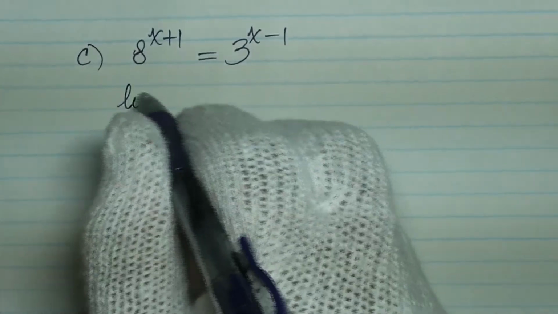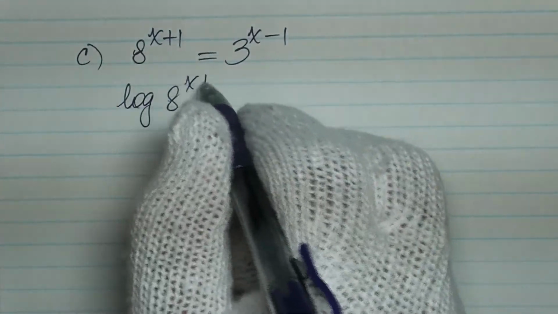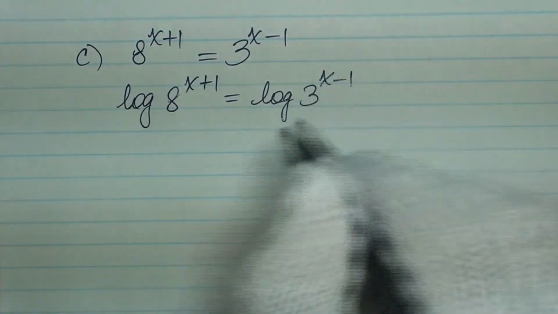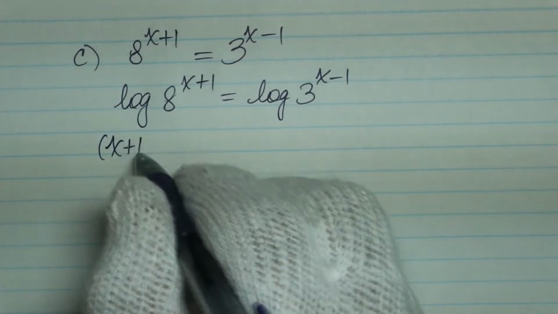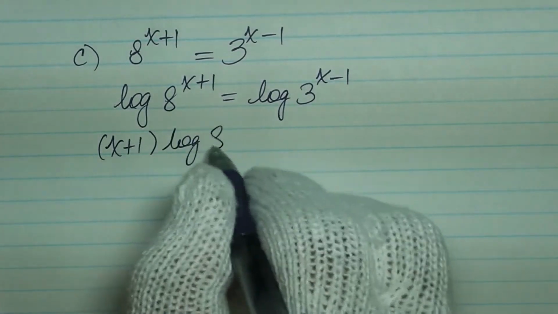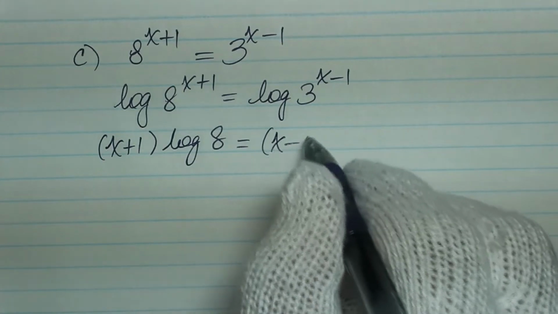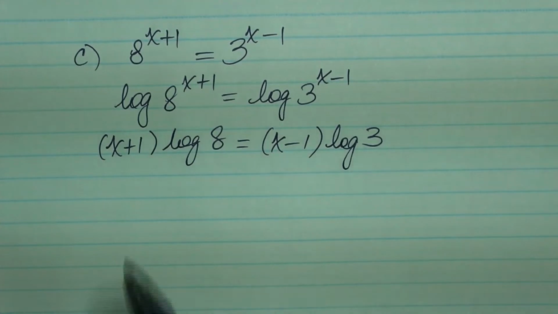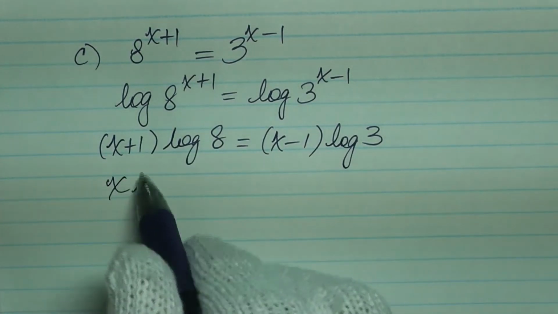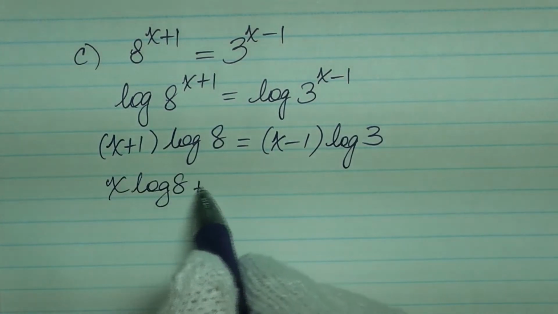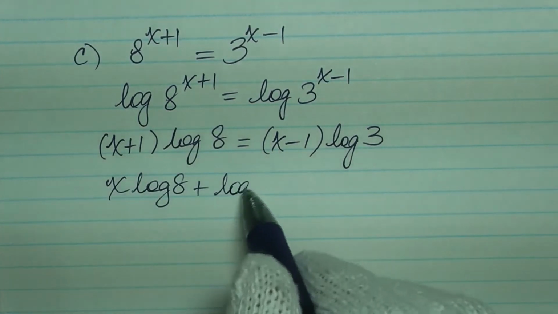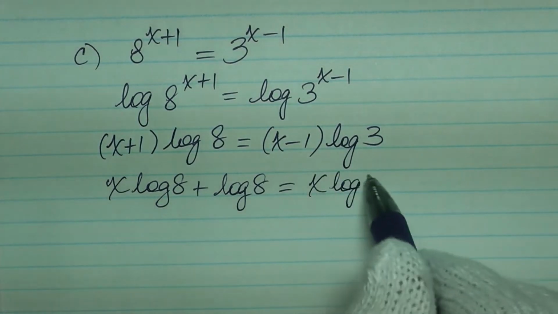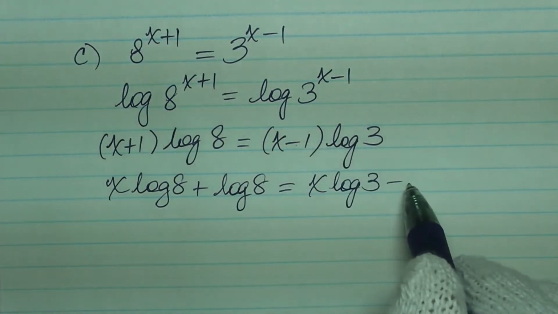So if I take the log of both sides, multiply out 1 times log 8, x times log 3 minus 1 times log 3.